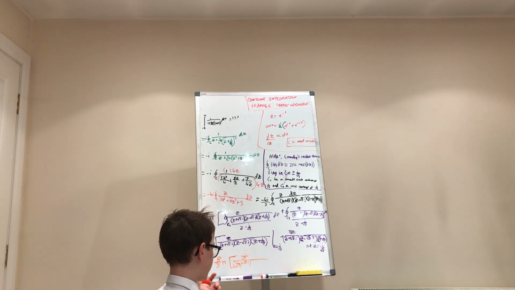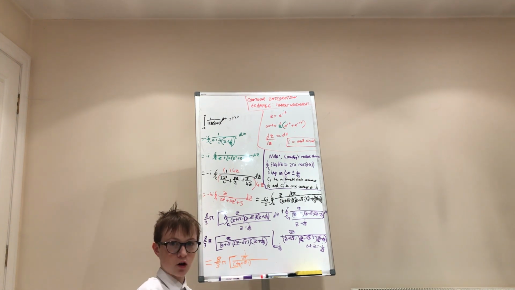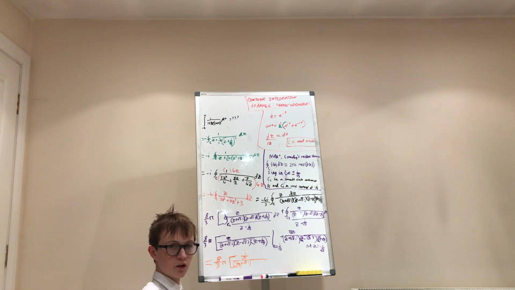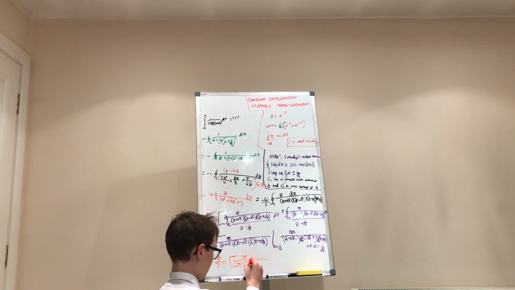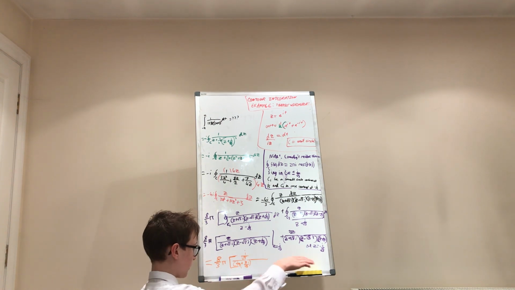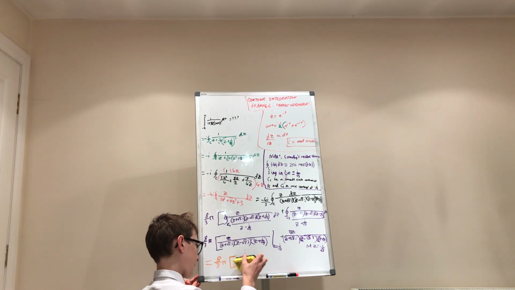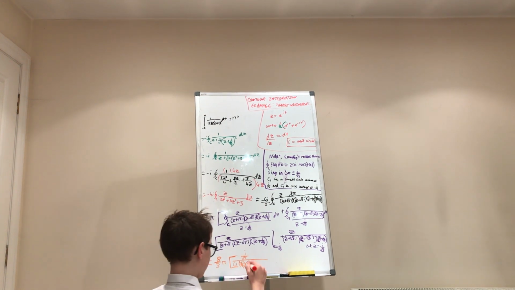Actually, let's look at each of the brackets individually. For this part here, to get the common denominator, we can multiply the top and bottom by square root of 3. Square root of 3 squared is just 3, over square root of 3. And then we can combine, so we get 4 over square root of 3 times i. So we get i times 4 over square root of 3. Next bracket.